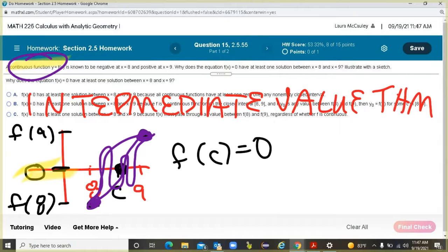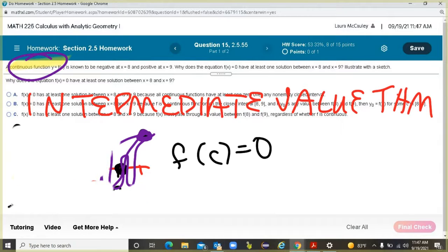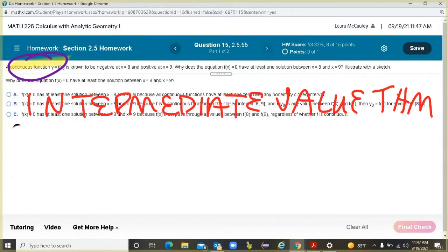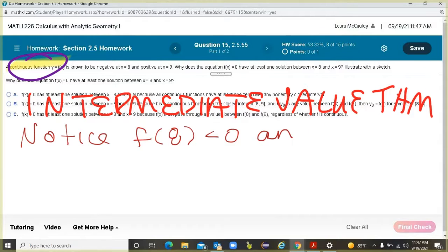So let's write that out. Here's how you would write that out, say, as a bonus question on an exam. You would say, notice f of 8 is less than 0 and f of 9 is greater than 0.